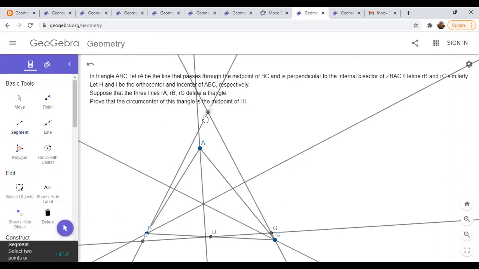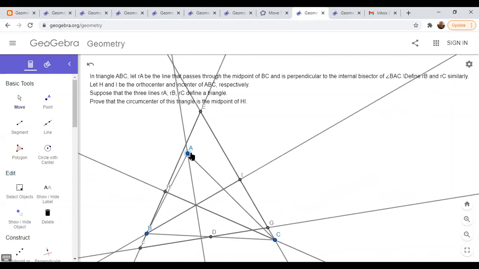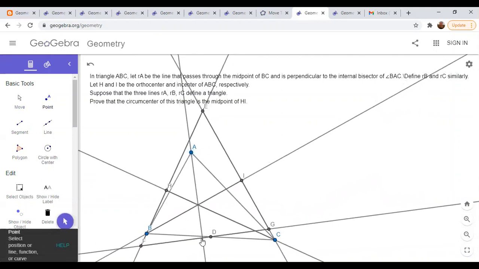Yeah, so I'll draw that triangle and I'll hide the rest. Let me draw the angle bisectors. B to I, C to H. It's very confusing. Yeah, it's tricky. And I'll draw this point.